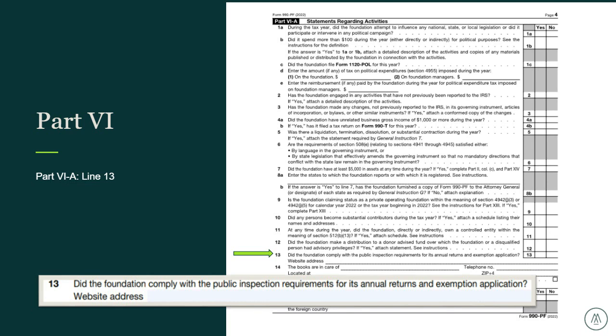Then the organization would have to provide it either the next day or within the 5th business day after the date of the request. If the request was through a written request, then the foundation would have to respond and mail it within 30 days from the date that the private foundation receives this request. The private foundation can charge a reasonable copy fee as long as it's not more than what the IRS charges per page copy fee.